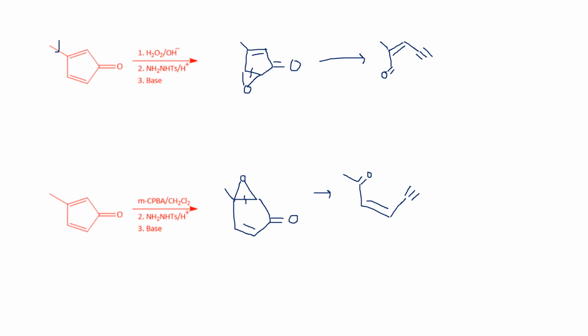So have you seen the difference between these products? Here an aldehyde forms, whereas here a ketone forms. Okay. So just by changing the first reagent we can get two different products.